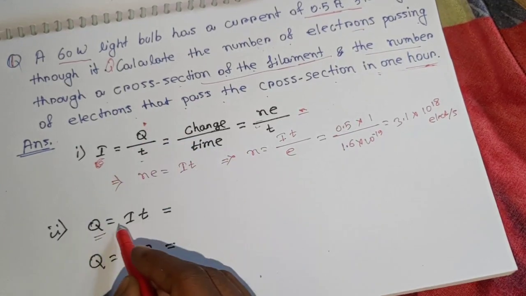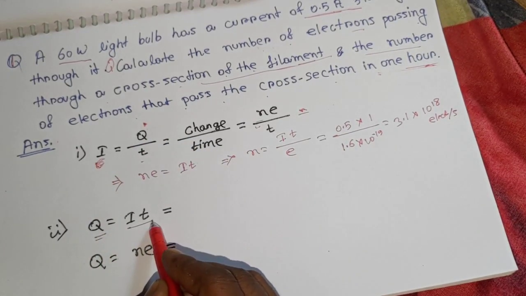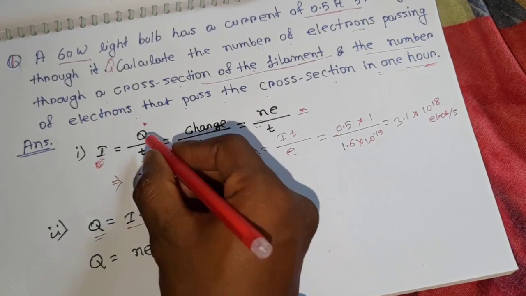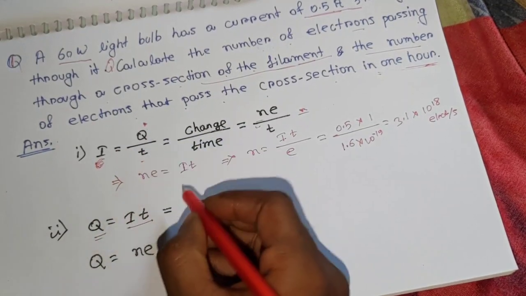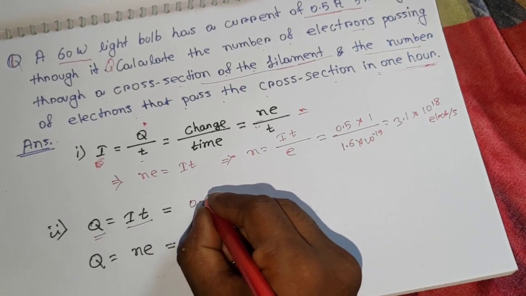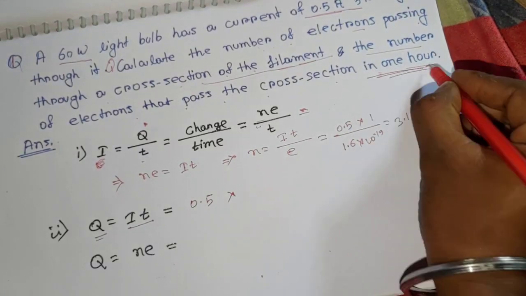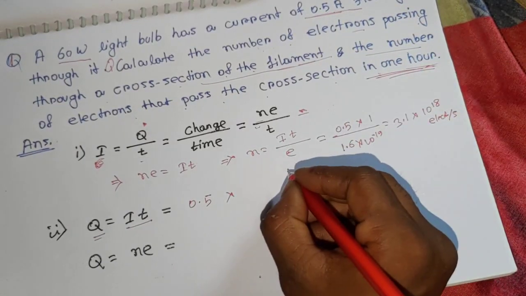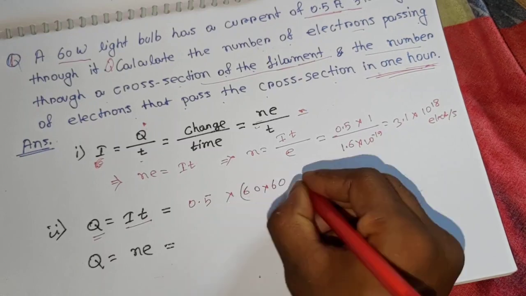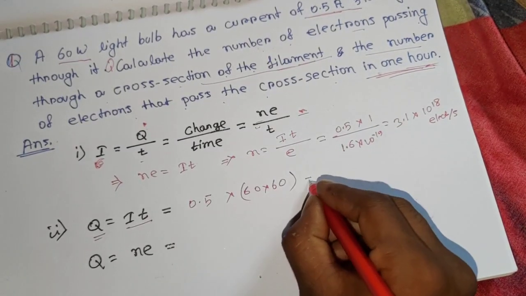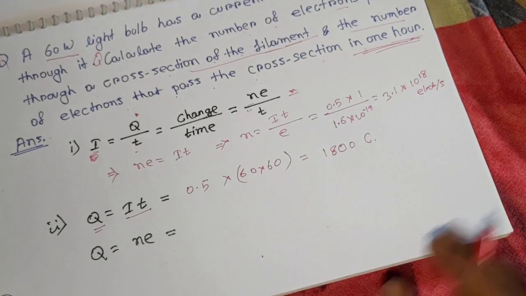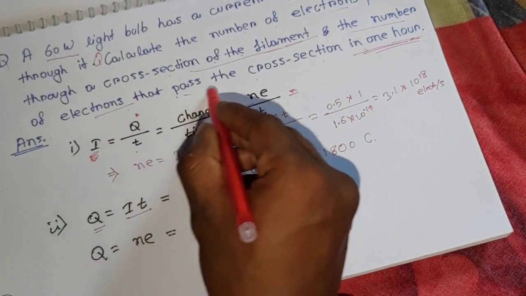From here we can write Q is equal to I into T. I is 0.5, and the time is 1 hour, so 60 into 60. This comes to 1800 coulomb.